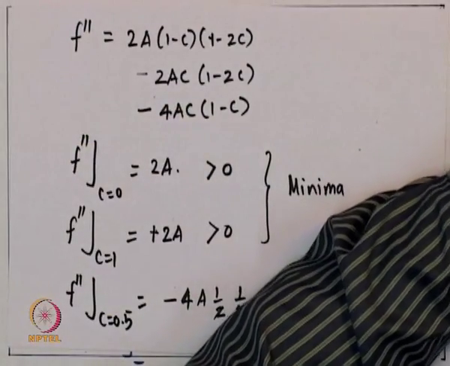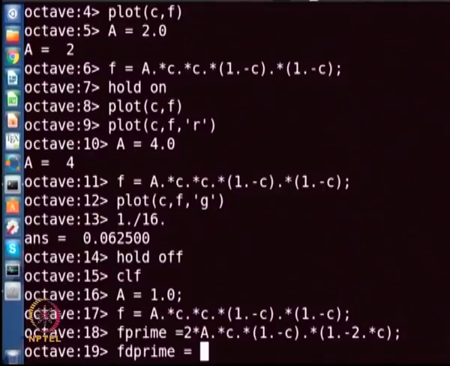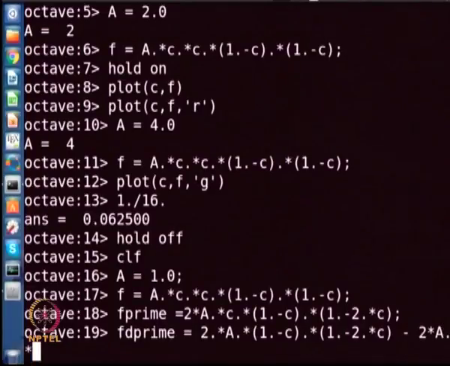So, we are going to use 2 dot star a dot star 1 dot minus c dot star 1 dot minus 2 dot star c, that is the first term, minus 2 dot star a dot star c dot star 1 dot minus 2 dot star c, okay, minus 4 into a dot star c dot star 1 dot minus c, that is f double prime.